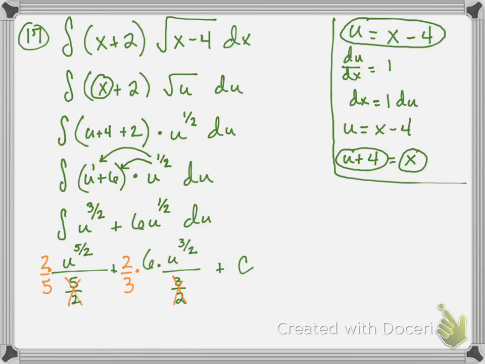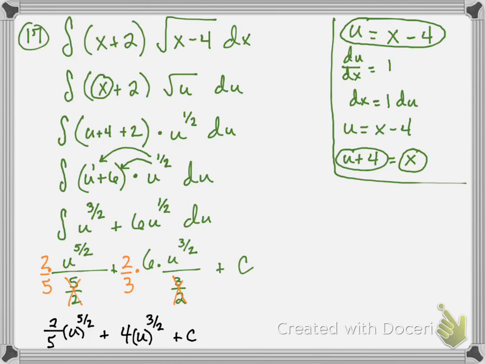Okay, so I'm going to write my final answer right here. We're going to do some simplification. So you have 2/5 u to the 5/2 plus, what is that, 12/3, which is 4, u to the 3/2 plus c. Now the last step is just going back in and plugging in my values for the u's. So instead of those u's, I'm going to have x minus 4's.